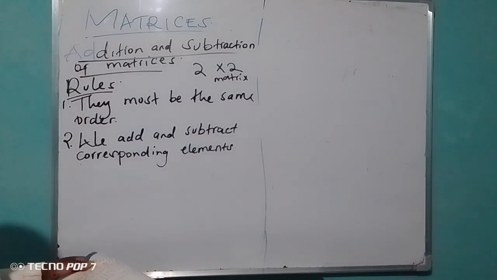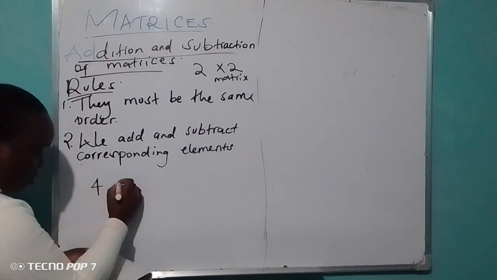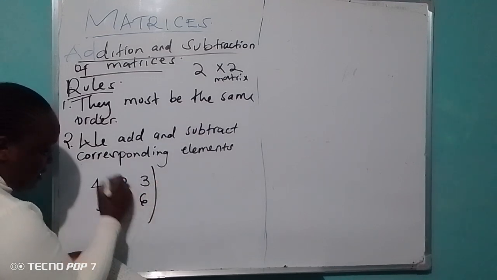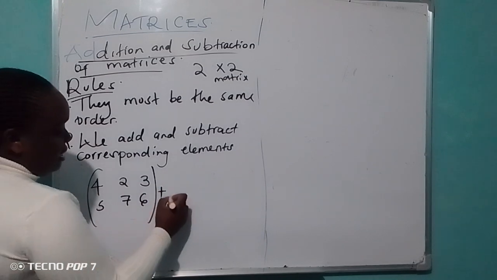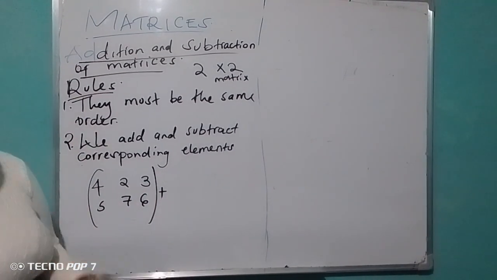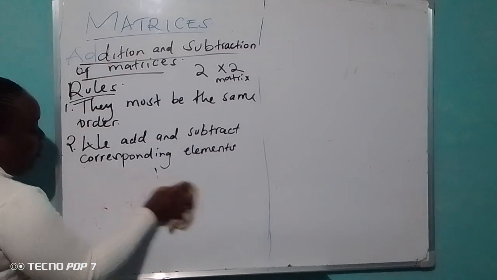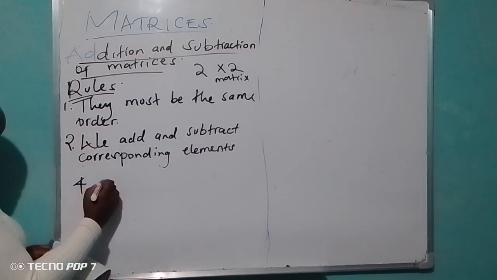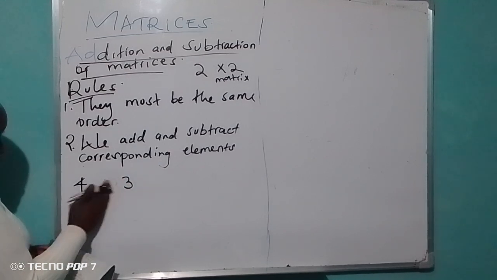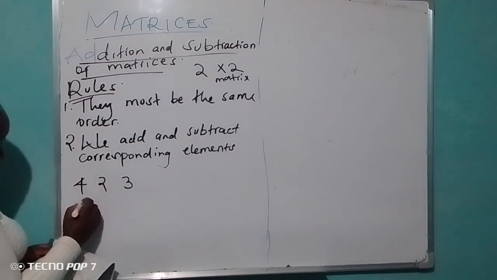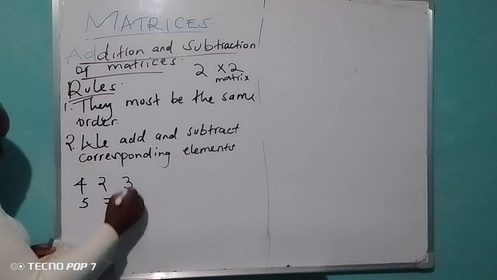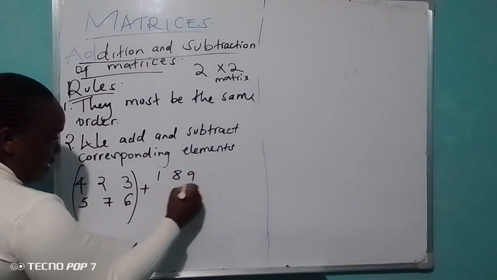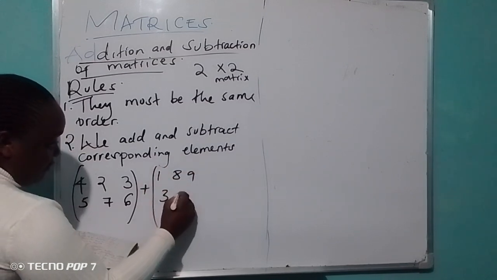So let us say, for example, 4, 2, 3, 5, 7, 6 plus 1, 9, 9, 3, 5, 4.